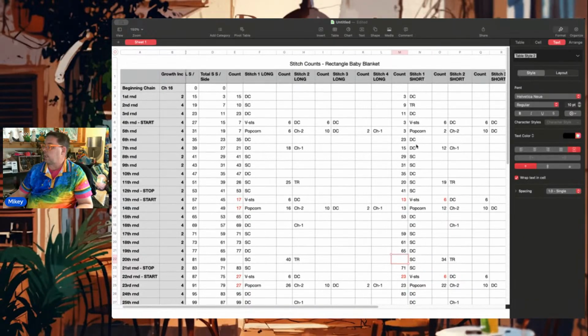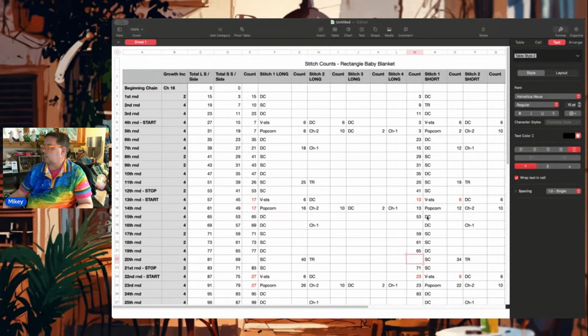And then the single crochet. So 69 minus 34 gives you 35 stitches. So 35, let's just write that down, 35.